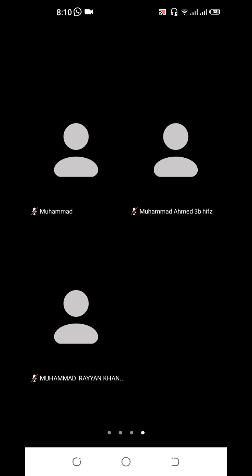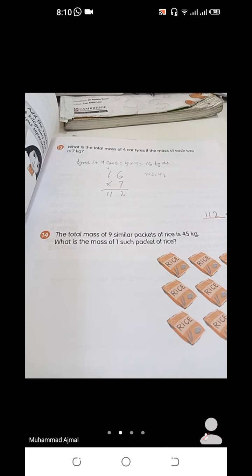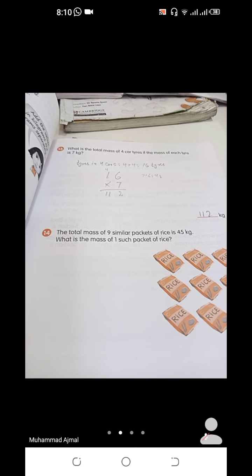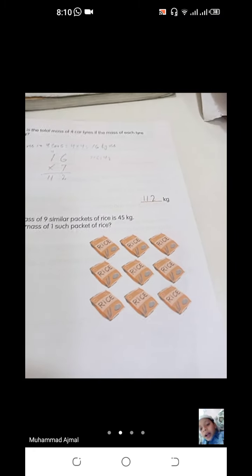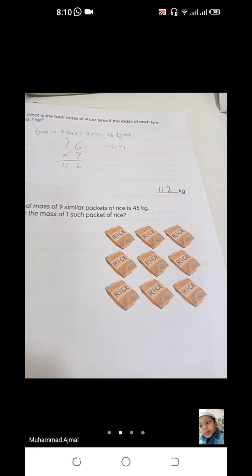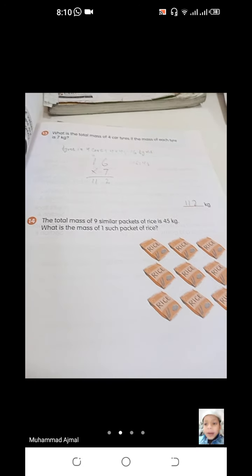Not answering. Nobody knows. Unmute yourself. Can you tell me how we can solve it? The mass of 9 similar packets of rice is 45 kg. What is the mass of one such packet of rice? How can we calculate it? Yes, Abdullah. How can we calculate?